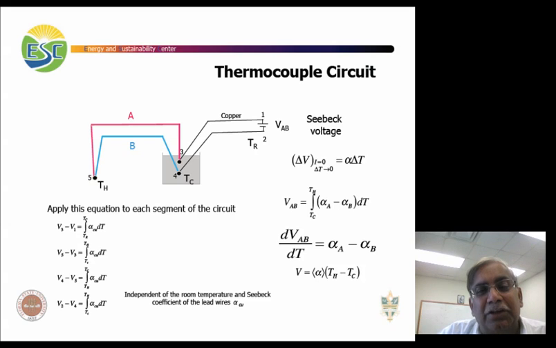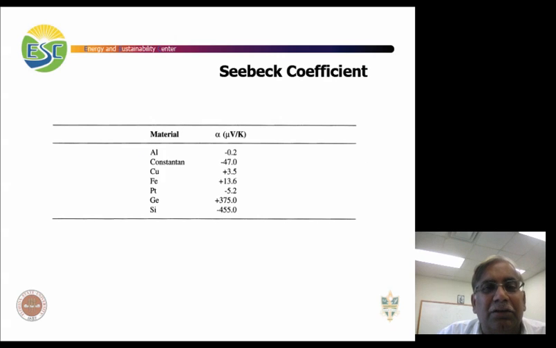But what we are interested in is the voltage AB obtained as a function of temperature, and that is given as delta T multiplied by the average Seebeck coefficient, or alpha A minus alpha B, delta T integrated from Tc to Th. This is what you are very familiar with, and you use it all the time.